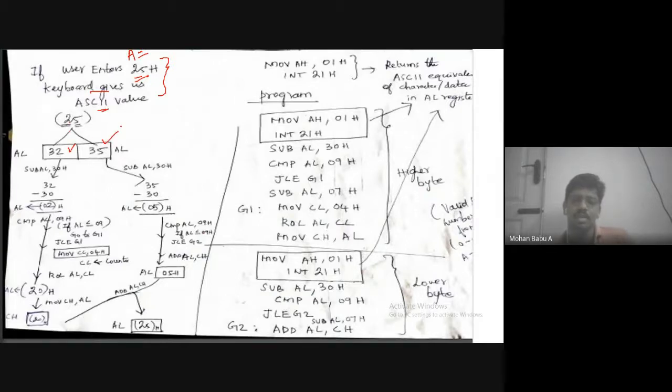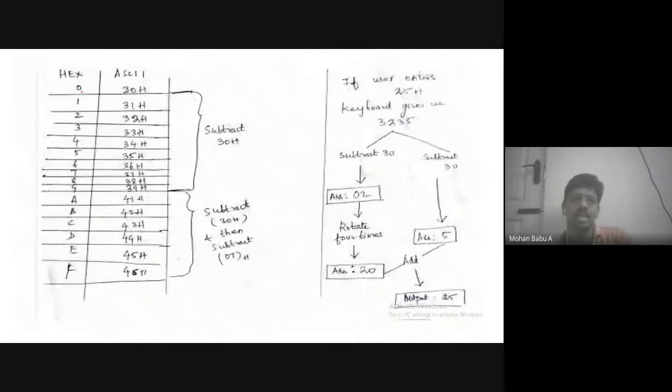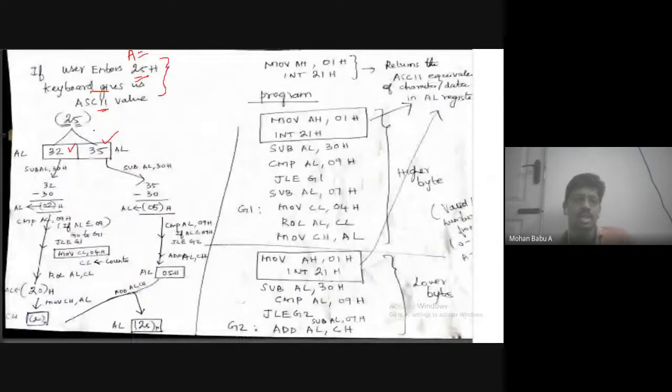If you refer to the table, the ASCII value of 2 is 32H, and the ASCII value of 5 is 35H. This will give the ASCII equivalent number for 25: 32, 35. In order to convert this ASCII equivalent number back to the original number, the original number we require here is 25H.